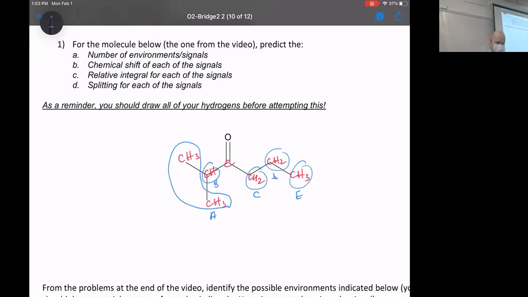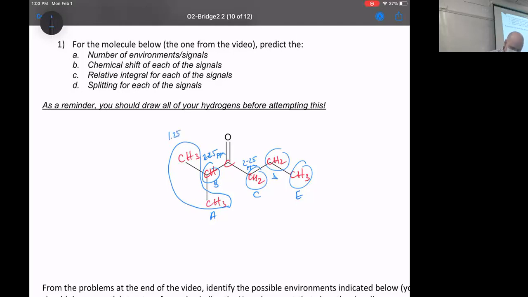Going through and doing chemical shifts, everything that is right next to a carbonyl would probably be in the 2 to 2.5 ppm region. Those are both likely 2 to 2.5 ppm. Environments A and D are a little bit farther away from the carbonyl, so they may feel a slight tug to the left, but not very much. If you shifted them up a little bit, that's fine.